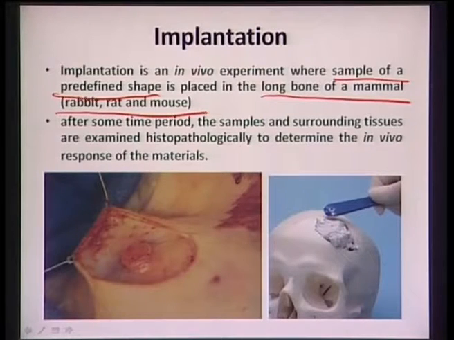The other thing that I mentioned, I think a couple of lectures back, is that the larger the animal, the more complex the environment. Rat is a small animal, mouse is similarly a small animal, rabbit is a little larger animal, then it goes to dog, sheep, and then to human. Now, as the size of the animal progressively increases, the complexity of the in vivo environment also continuously increases.